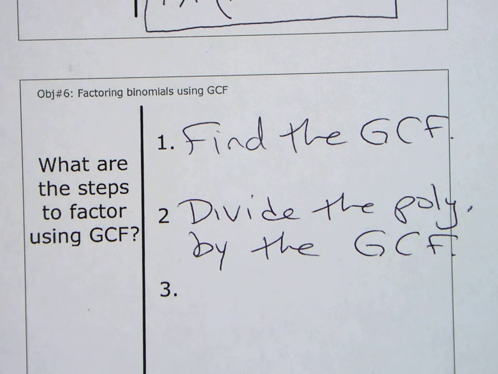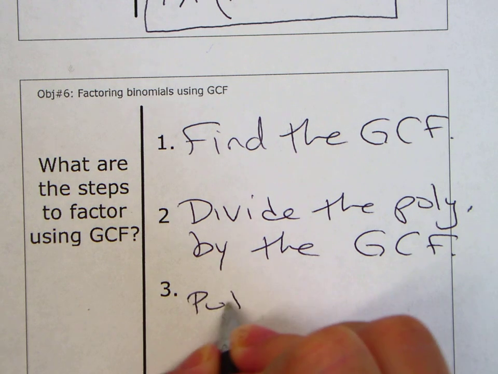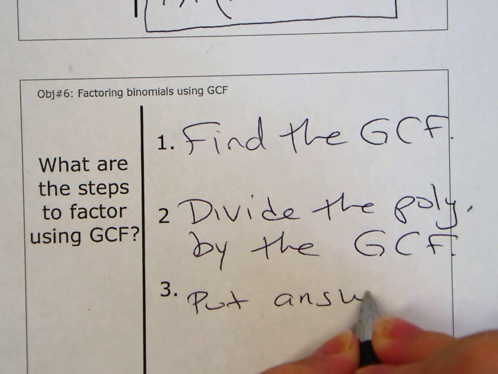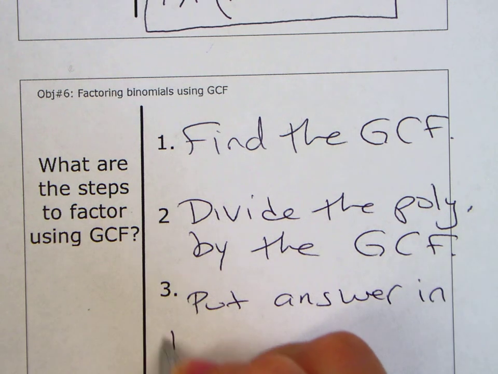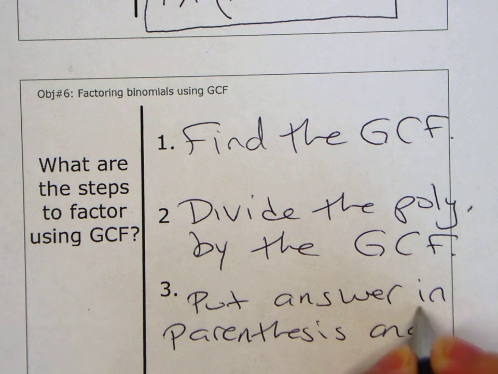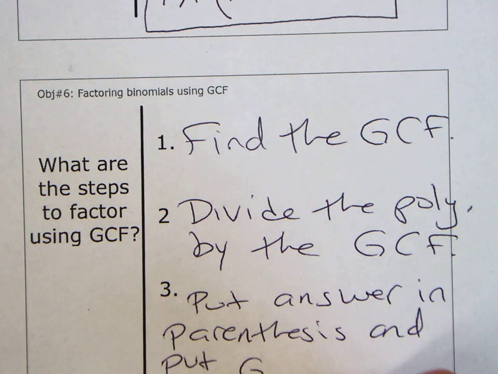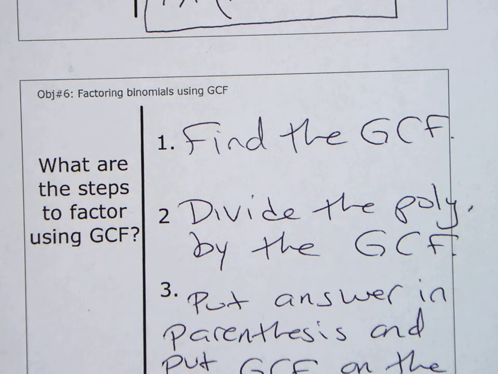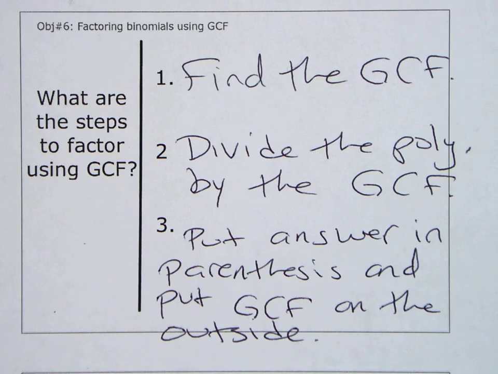And then number 3, put your answer in parentheses and put the GCF on the outside. All right. Those are the steps. Write them down. Find the GCF. We divide, and then take your answer, put it in parentheses, and put the GCF on the outside.